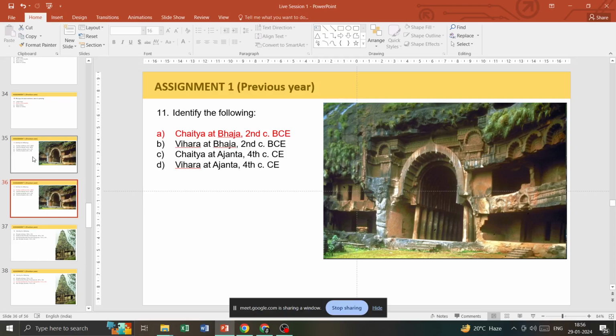It is located in Maharashtra. It is a cluster of Buddhist caves, and these are a few of the facts that I know about these caves. To be able to answer this, you just have to know what these buildings would look like.